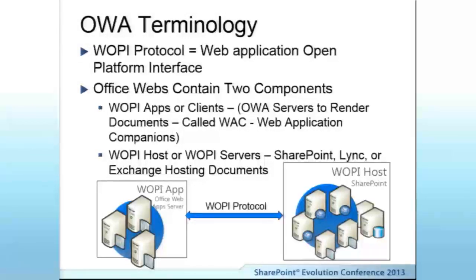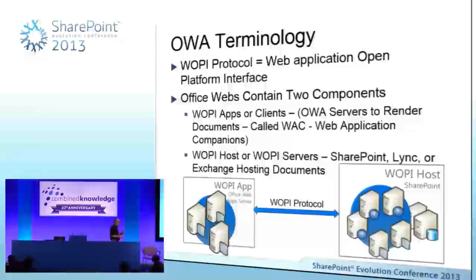The WOPI host or server is SharePoint or Exchange or any product that's consuming from that OWA farm. To me, the terms are backwards, but Microsoft didn't ask me, so that's just my personal opinion, and I don't get paid for those. So that's the idea. When we talk about the WOPI protocol, that's the communication between the host and the WOPI app. Now, just to throw another TLA in there, we've got a WAC out there, WAC.